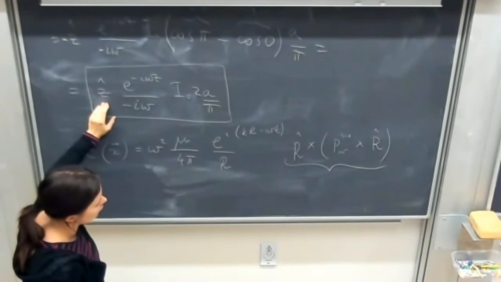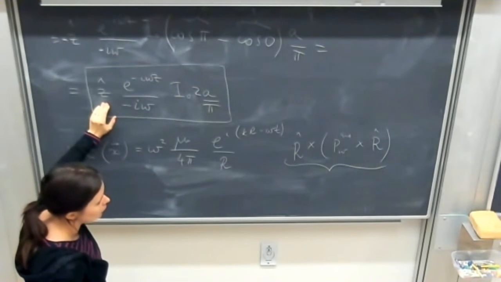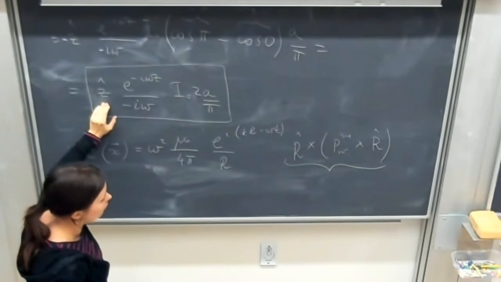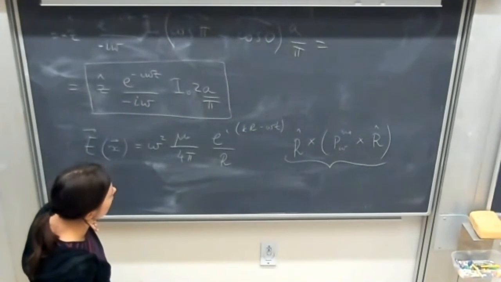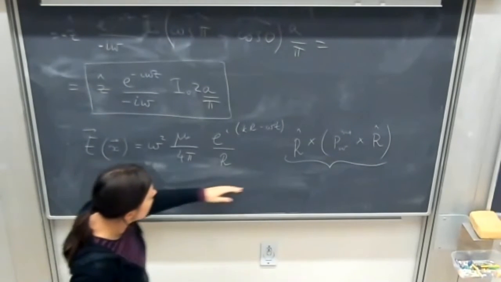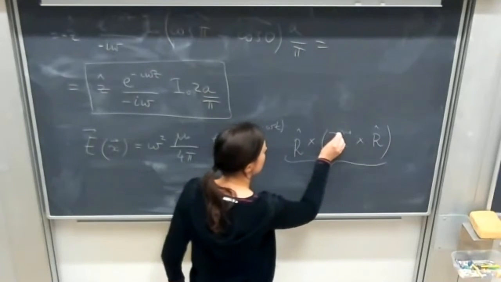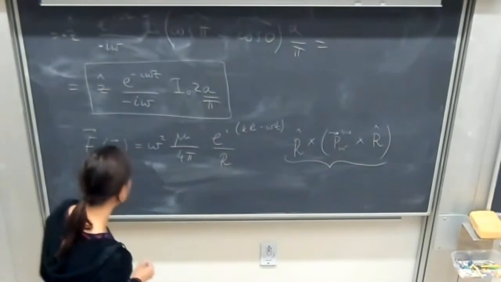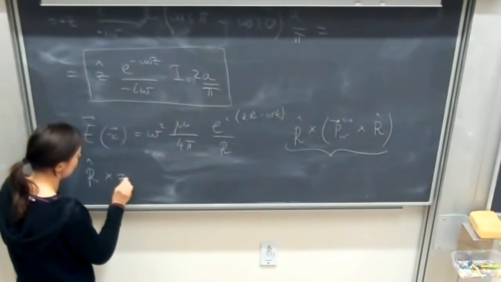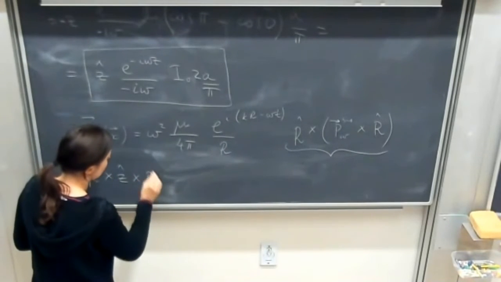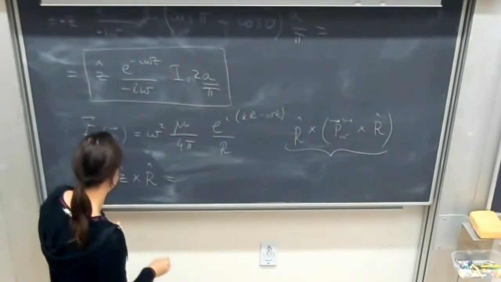There is no Z direction in the spherical system of coordinates, so I would transfer to spherical. So I will write here just the directions: R cross Z and cross R again.